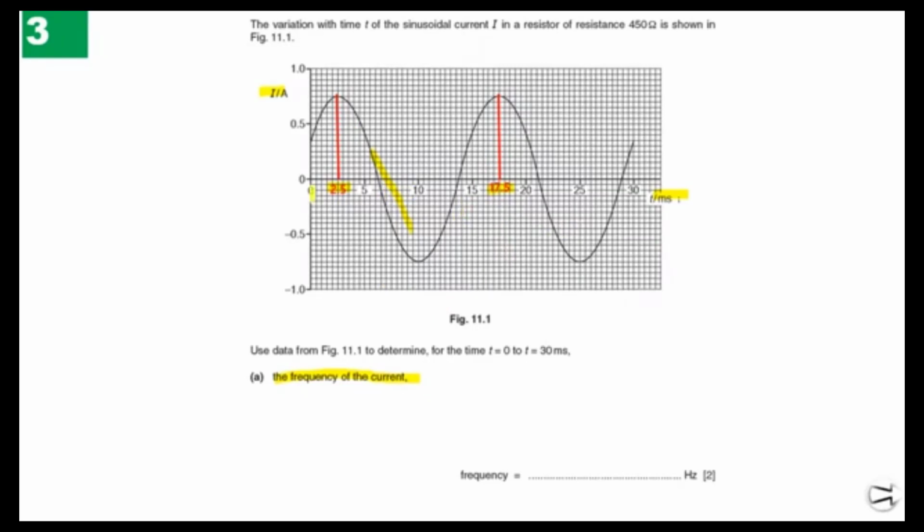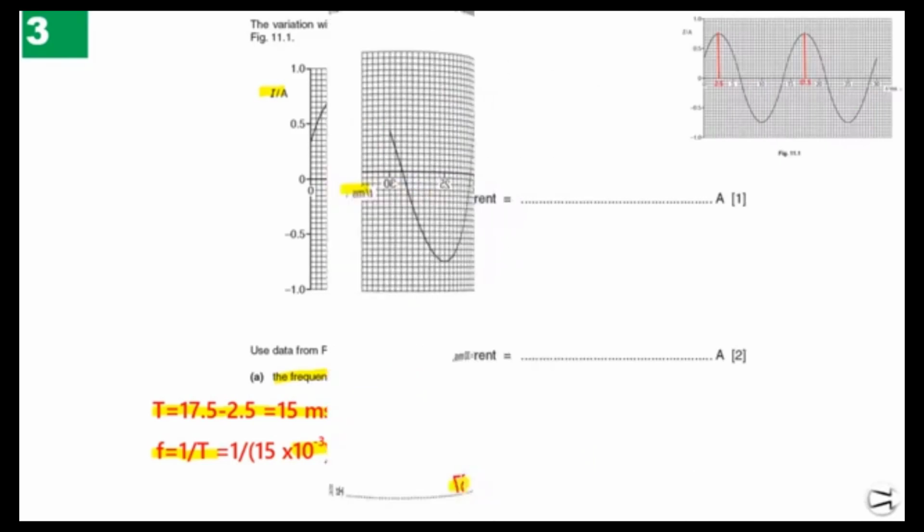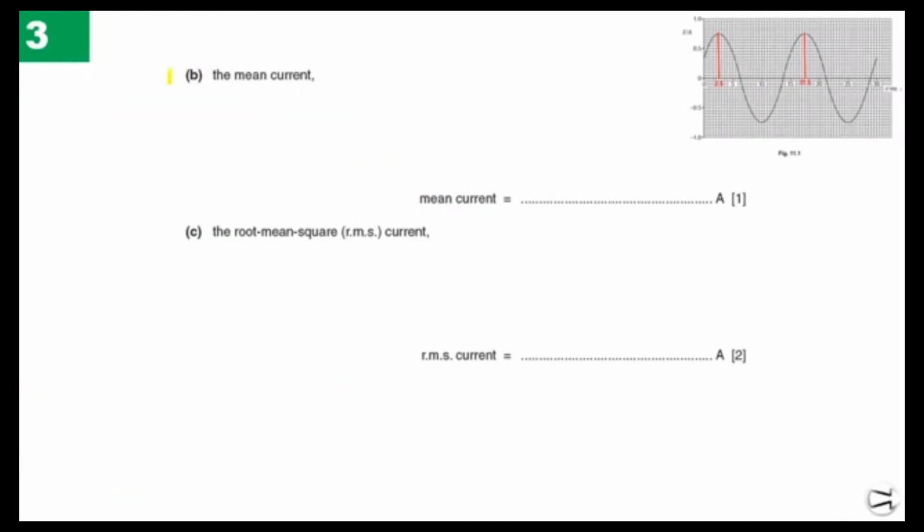Simply we need to just subtract these two values. So here is our final answer. So this is how we have calculated the time period. So this is time period and this is equal to 15 milliseconds, and frequency is equal to 1 over T. So this is our final answer. So this is frequency.